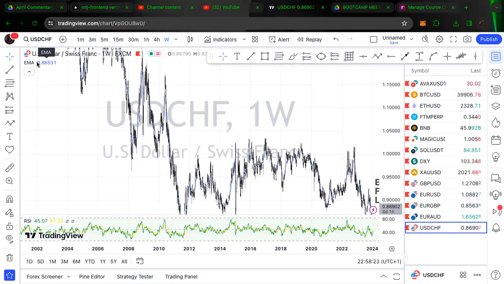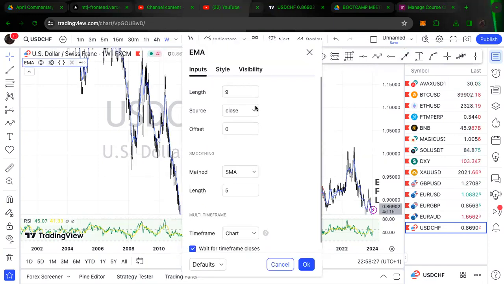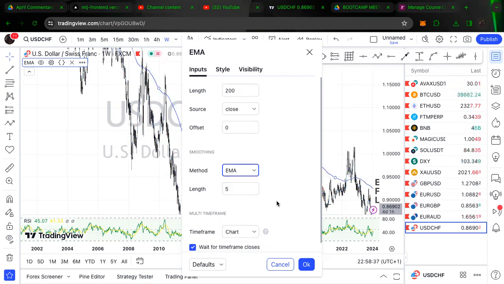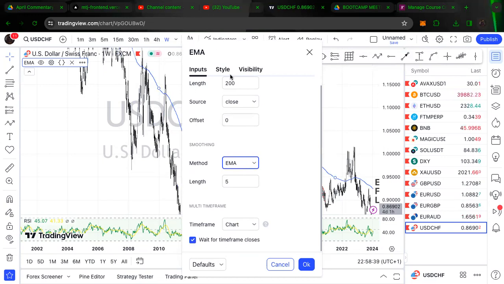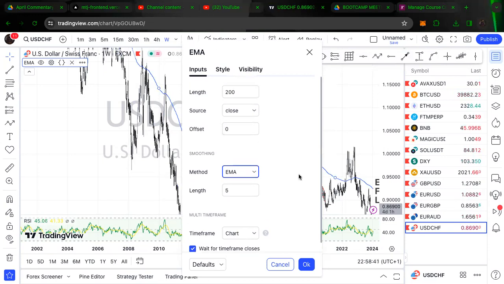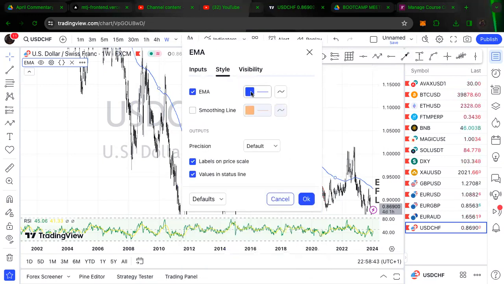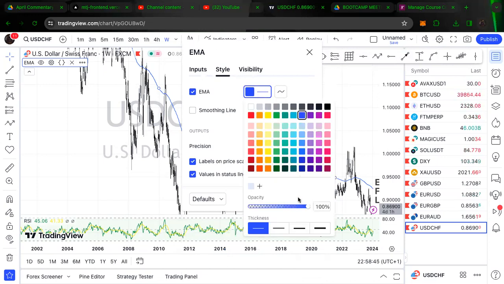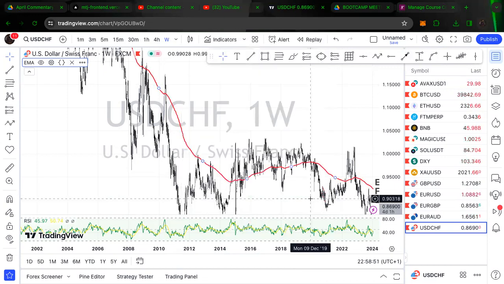Let me set the settings. So we have length 200. This is EMA now. Okay, so let's just put it at this style. Let's make it a thicker line and make it red. Okay, so let's mark that.